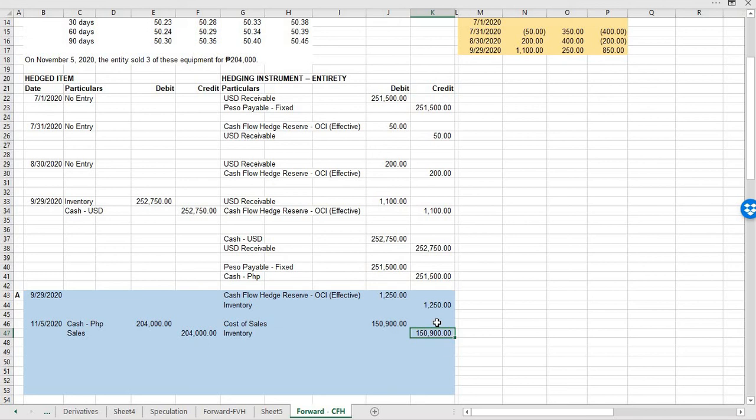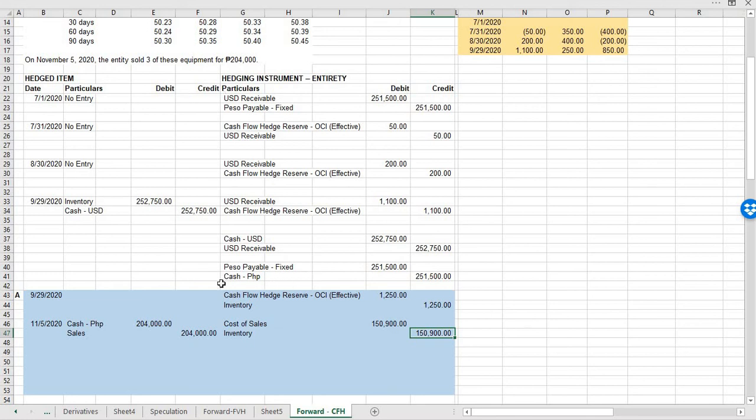Ngayon, punta tayo dun sa second option. And take note, huwag kayong makakonfuse kasi etong journal entries na to, isang libro lang to. Ito yung libro ng entity. Hiniwalay lang natin yung mga journal entries related to the hedge item and related to the hedging instrument para mas ma-identify natin separately kung paano yung treatment for the hedge item and the hedging instrument. But we are only using the same books.